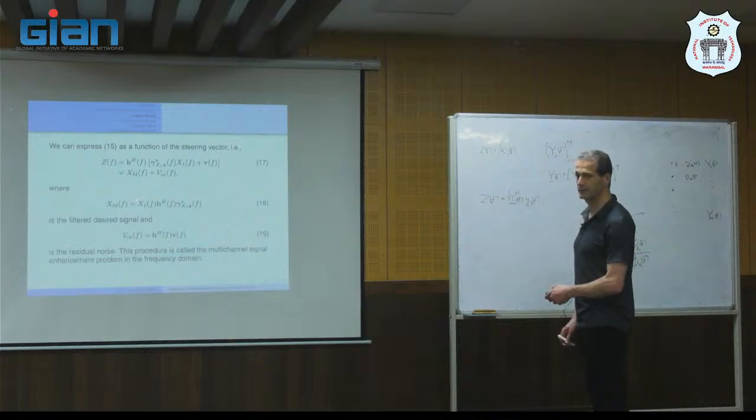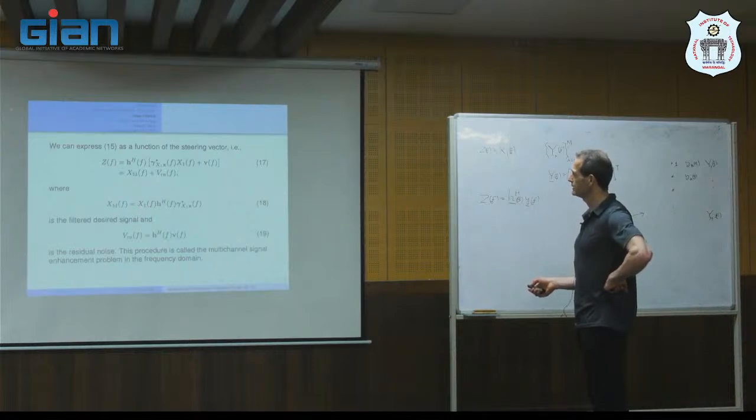Because it's a scalar, so I can move a scalar anywhere I want. This is the scalar x1, and this is a row vector multiplied with a column vector, so this is also a scalar. All this is scalar, but this is a vector, and this is a vector. And the residual noise at the output of the filter is h conjugate transpose multiplied with v, the noise that is measured.